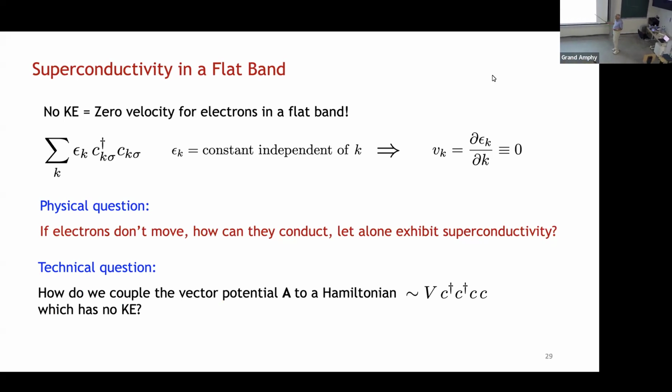But the vector potential can't couple to the kinetic energy. I already said that. So if at all, you must learn how to couple vector potentials to interaction terms, right? Because that's the only way you're going to get a response, electrical, magnetic, whatever. So we have to answer both of these questions.